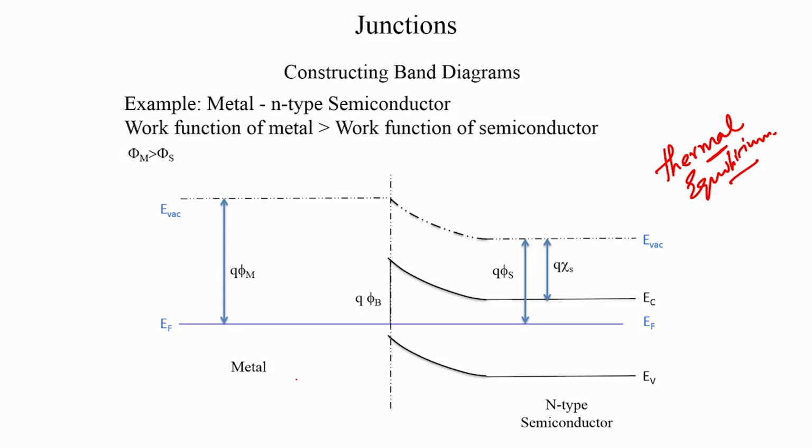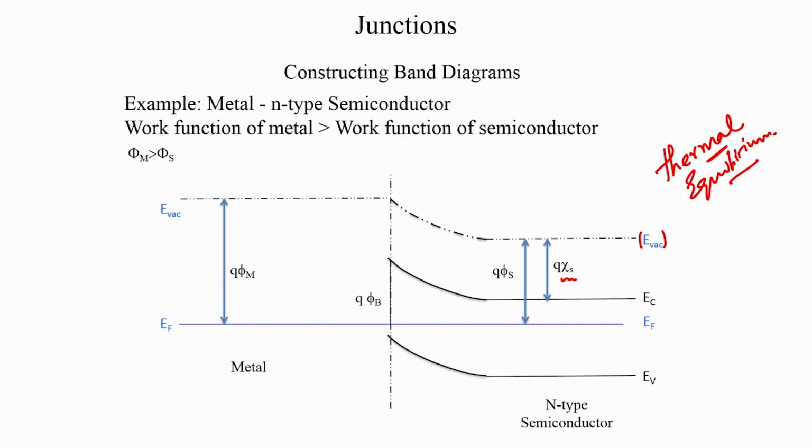The moment you have a metal n type semiconductor junction with phi m greater than phi s, the Fermi level will align, and the vacuum level will adjust itself so as to ensure that the electron affinity in the semiconductor and the work function of the metal are always constant. You can see the work function of the metal has never changed. The difference between the Fermi level in the metal and the vacuum level is constant throughout.